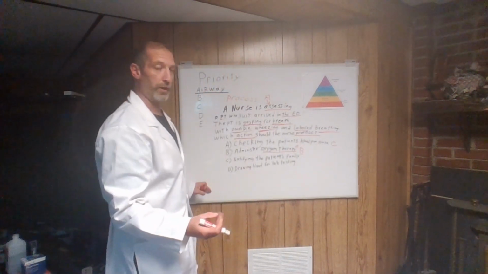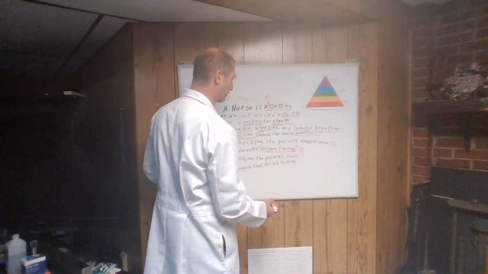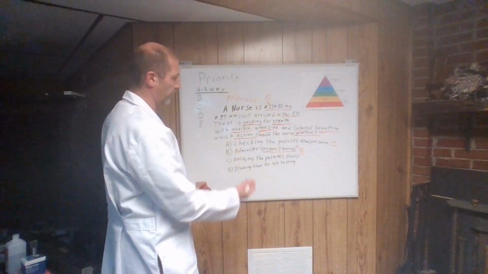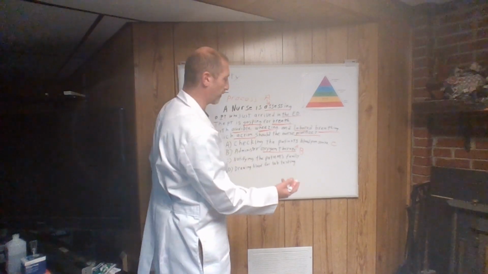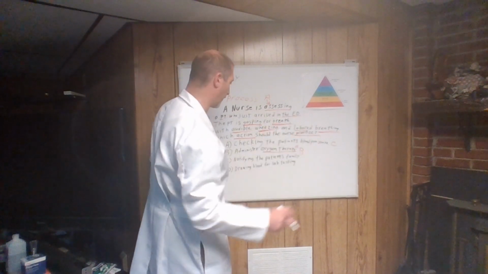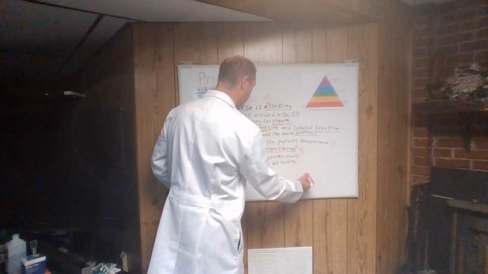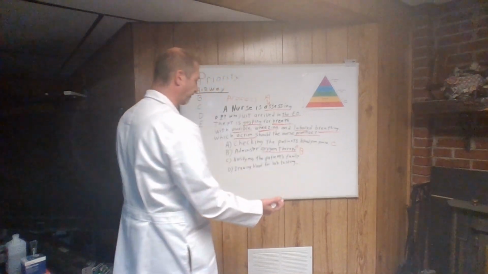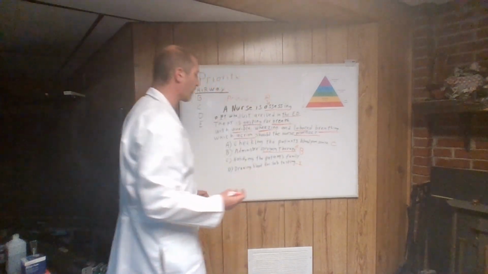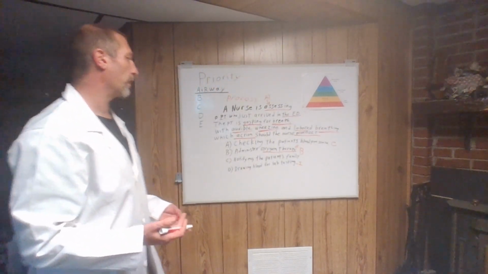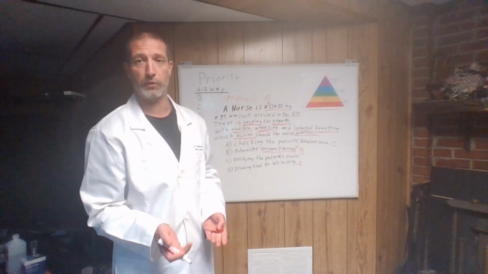Could also be helping with the airway, right? C, notify the patient's family. Well, this actually goes to Maslow, and it's a Maslow priority, which we'll get into later on. D, drawing blood for lab testing. This is an intervention more than anything else. Why do we want to draw labs for blood testing? Maybe we want to look at an ABG and see what's going on there, right?